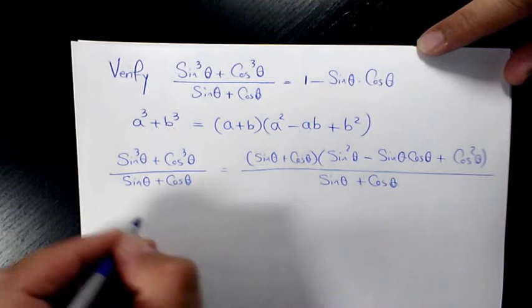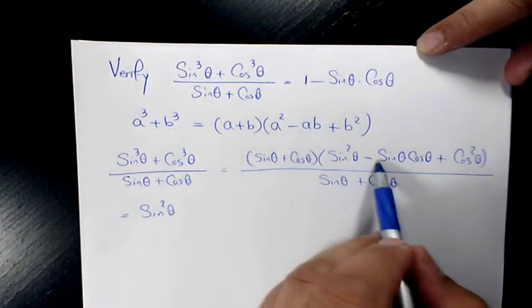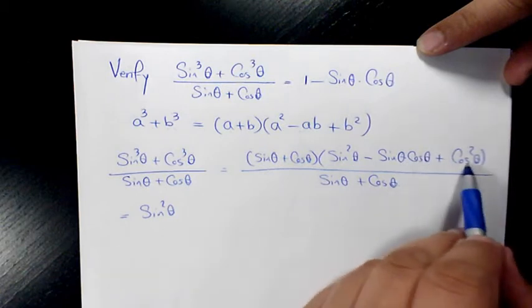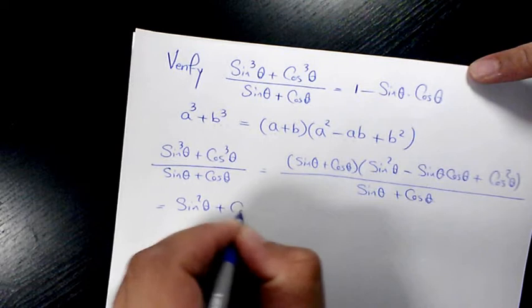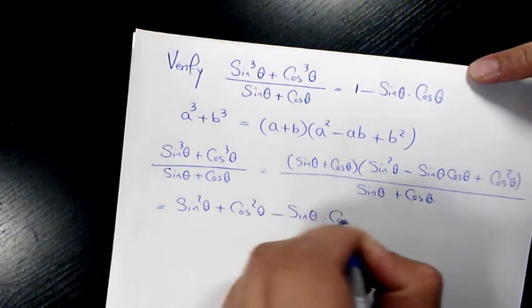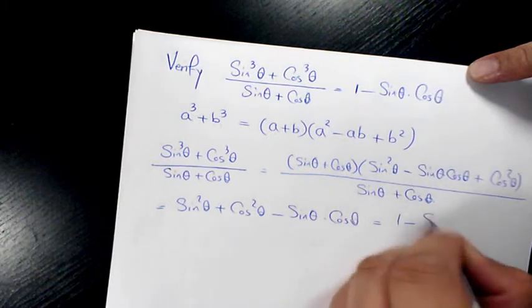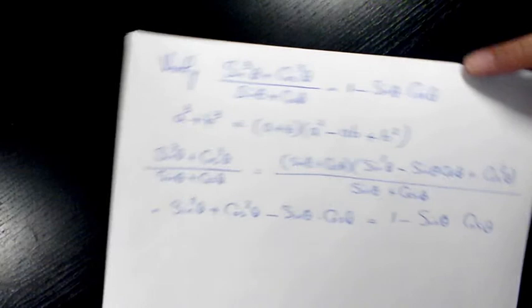These two cancel out and we have sine squared minus sine theta times cosine theta plus cosine squared. I'm going to write these two together. You know why? So it's going to be 1 minus sine theta times cosine theta. That's what you see on the right hand side.